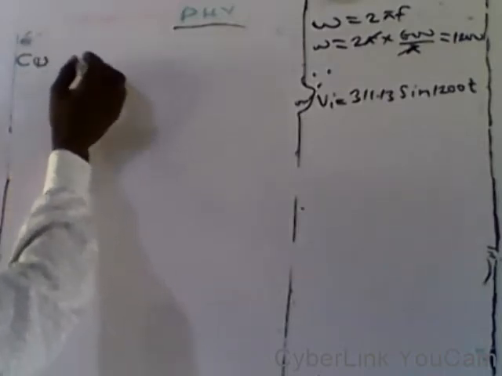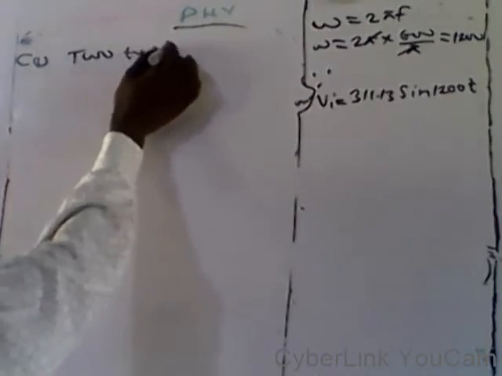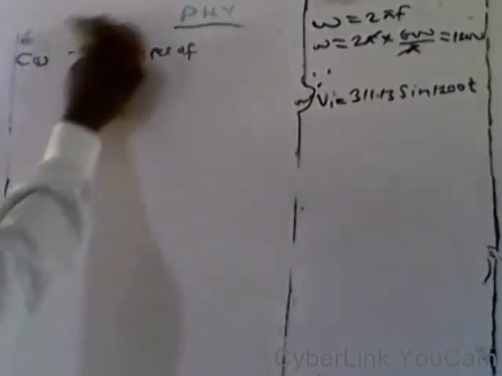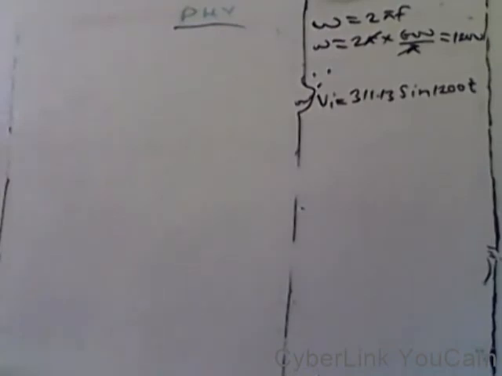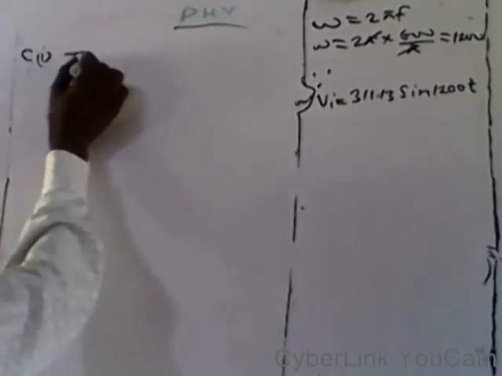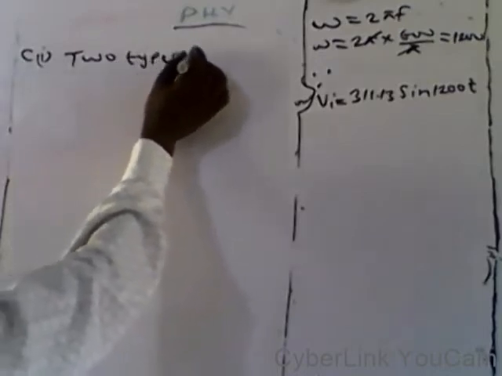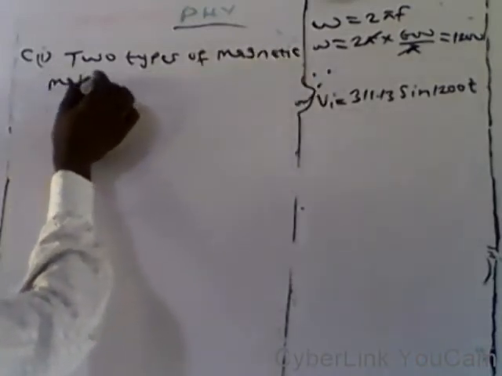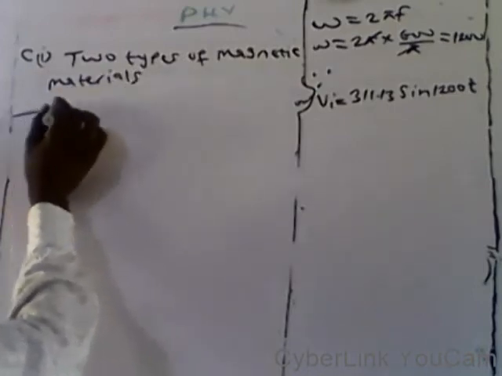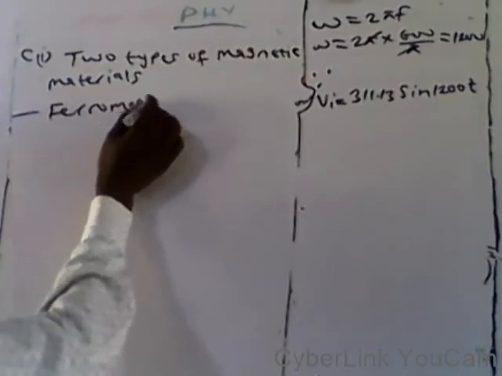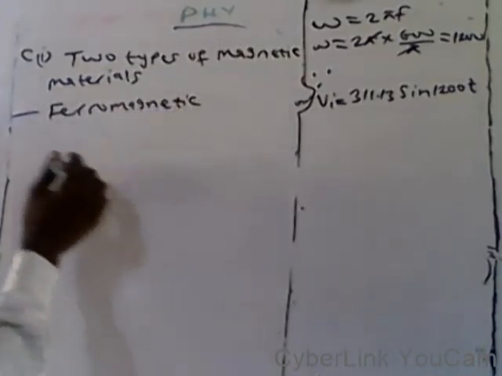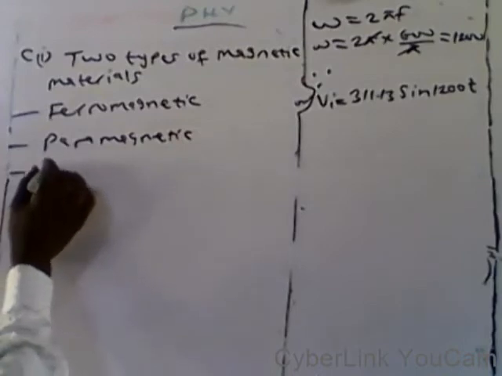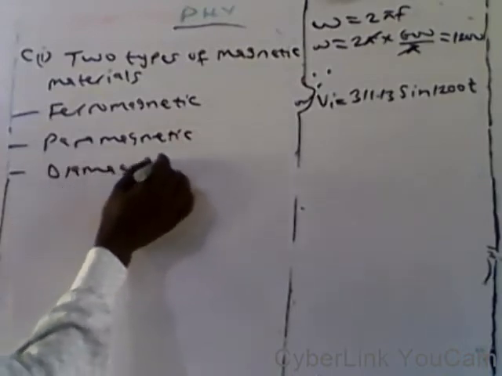C1. Two types of magnetic materials. One, ferromagnetic materials, paramagnetic materials, and diamagnetic materials.